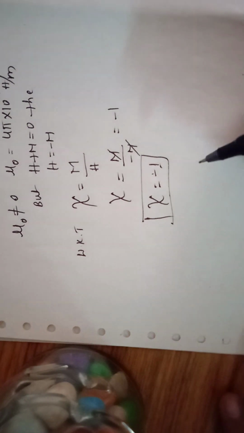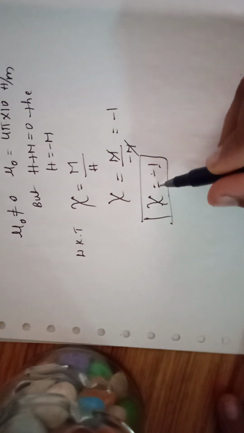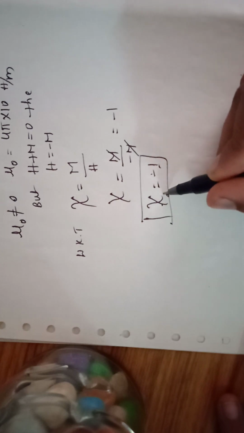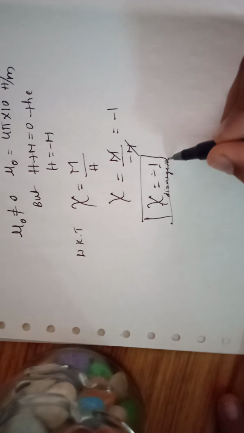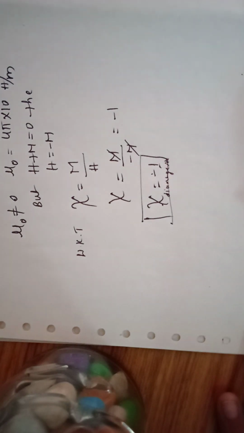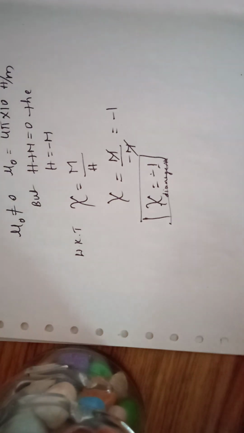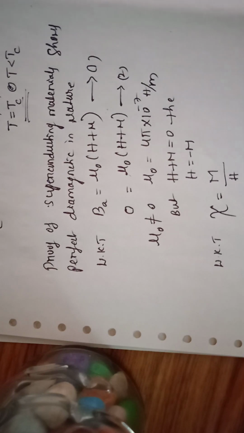So we proved here mathematically that the susceptibility chi equals minus 1, which is diamagnetic. So we proved that superconducting materials are perfectly diamagnetic in nature. This is also one of the important characteristic properties of a superconductor. Still, this is an abstract idea.